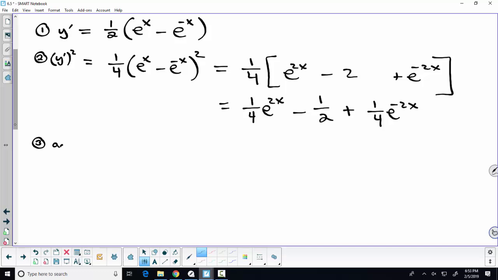So add 1. And then, technically our next step is to take the square root, but maybe we have a step 3a, step 3b: factor as a perfect square. So what would this look like factored as a perfect square?